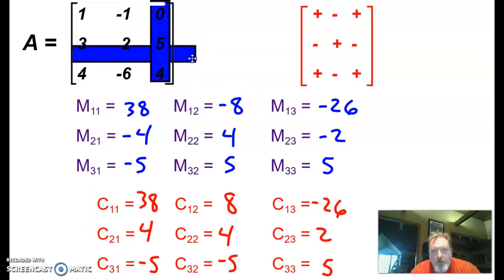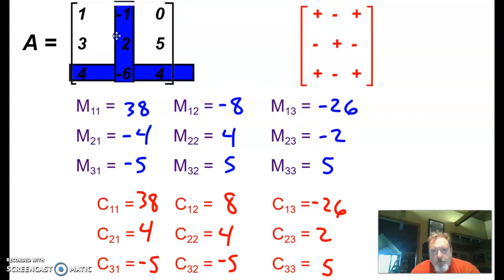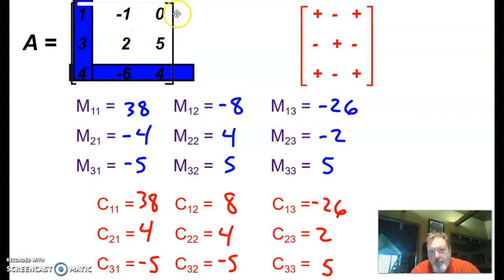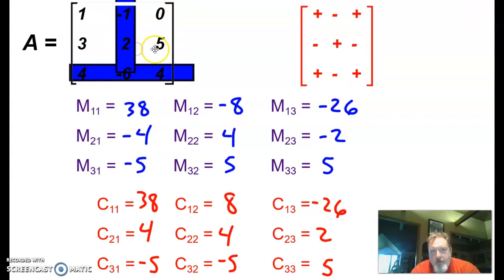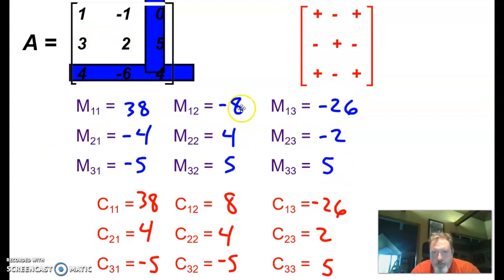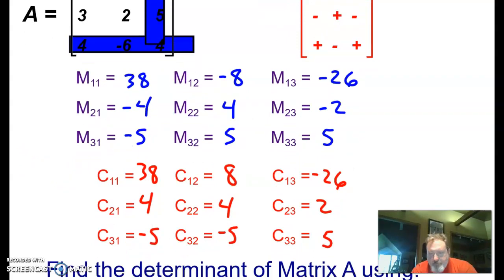All right, then we go down to our third row. Negative 5 minus 0 is negative 5. 5 minus 0 is 5. And 2 minus negative 3, so 2 plus 3 is 5. So there's my minors. Use the chart here to get my cofactors so you can see them right there.